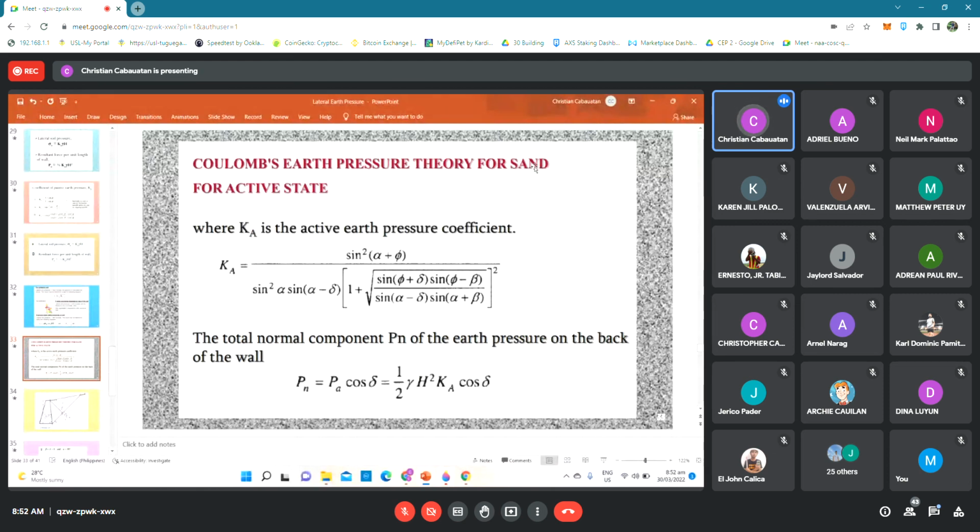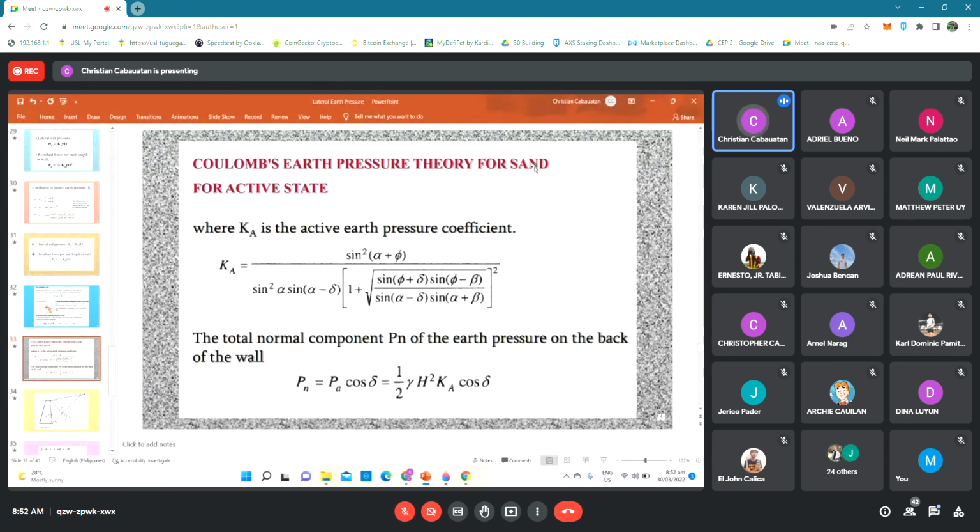Times 1 plus square root of sine alpha plus phi times sine phi minus omega over sine alpha minus beta... Divided by sine alpha minus phi, sine alpha minus your omega, and then sine alpha plus your beta. Okay, and it is n squared.